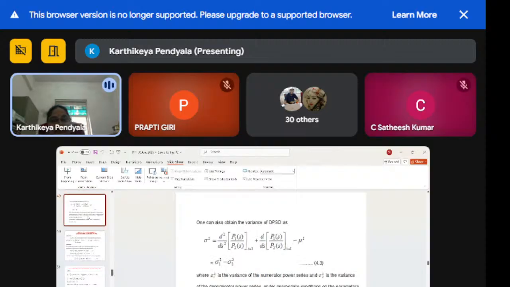Similarly, variance equals sigma 1 square minus sigma 2 square. Sigma 1 square is the variance of the numerator power series and sigma 2 square is the variance of the denominator power series distributions. Of course, we have to put some conditions that this resultant sigma square should not be negative.